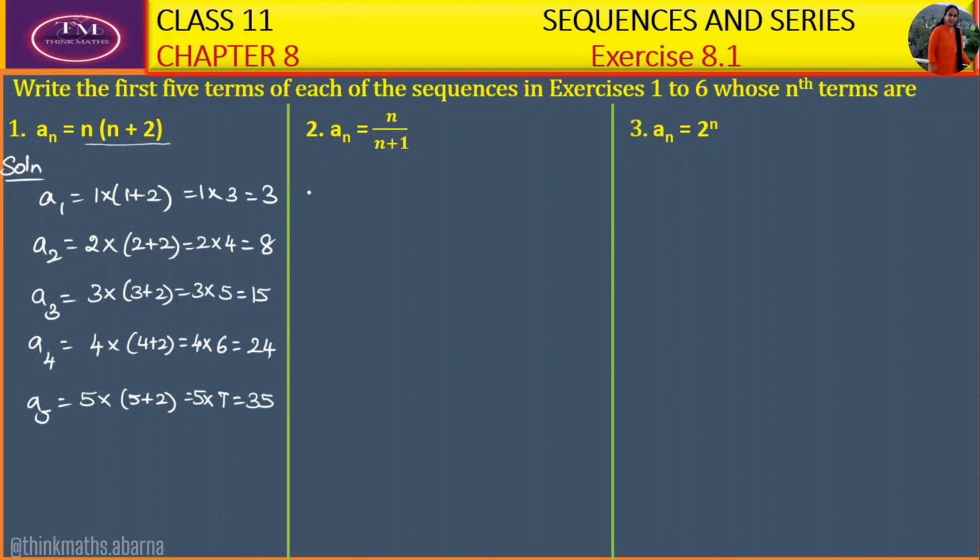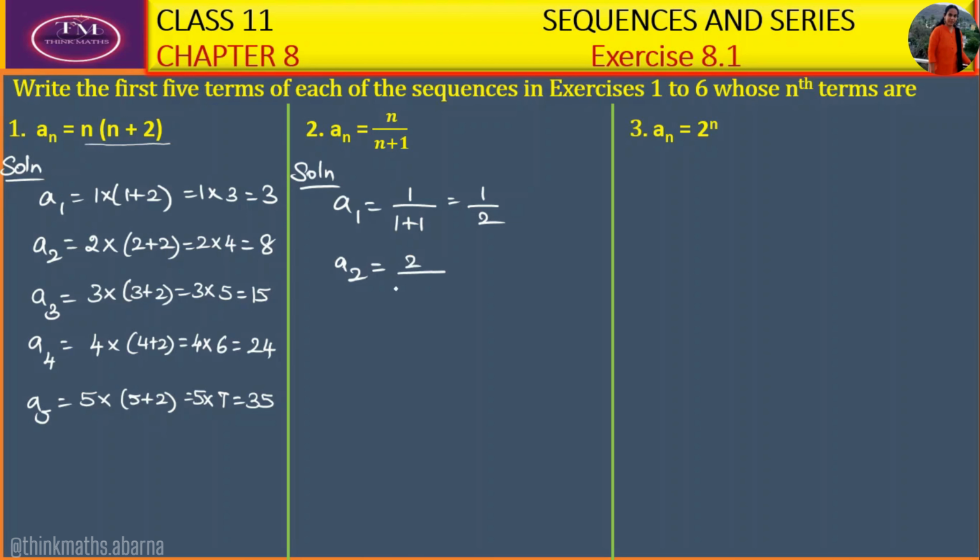Okay. Next problem, the second one. An is equal to n divided by n plus 1. We have to find A1, A2, A3, A4, A5. So A1. Instead of n, we substitute 1, so 1 divided by 1 plus 1, which is 1 by 2. Here, instead of n, we substitute 2.